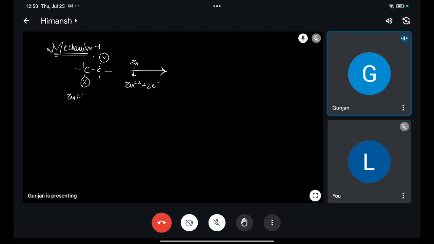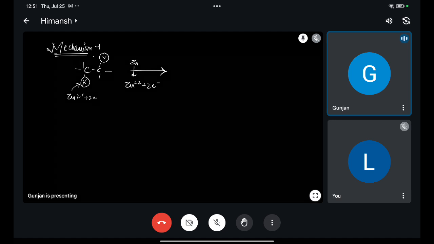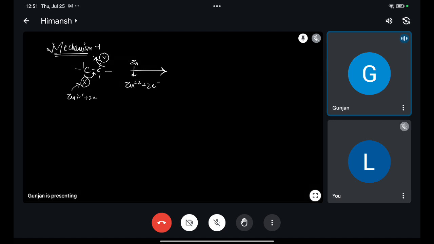That zinc 2 positive approaches this X with the 2 electrons and gives the electron to X. X will transfer it over here and this X will ultimately remain out.